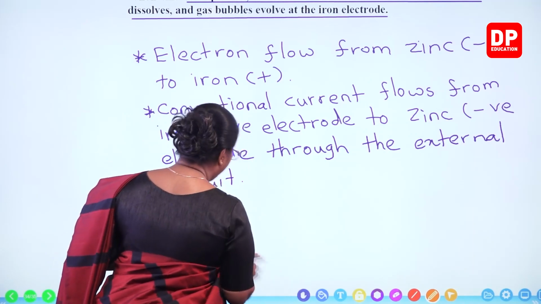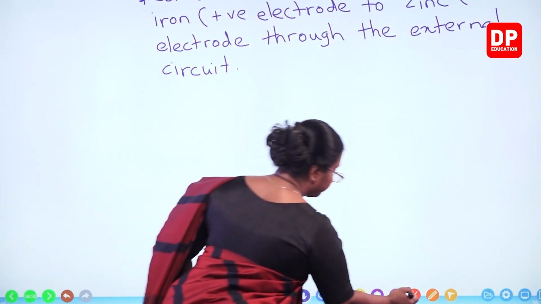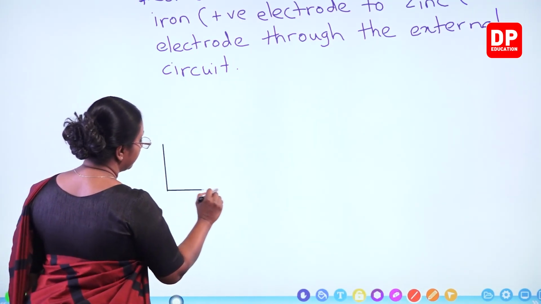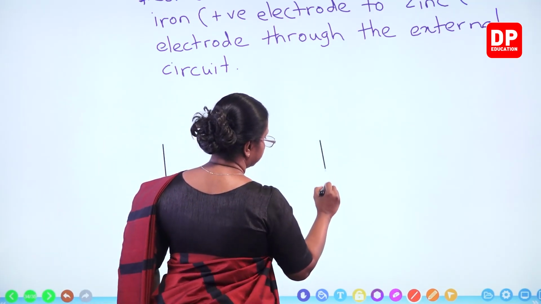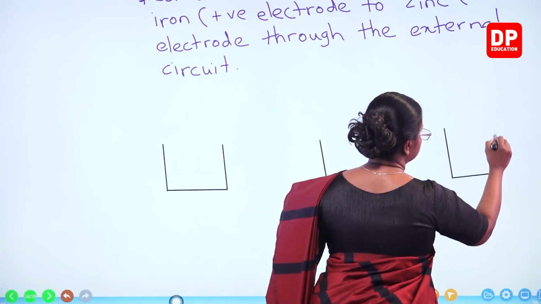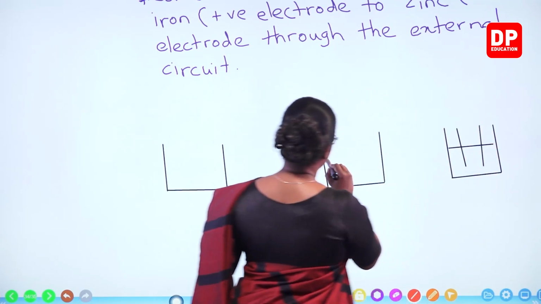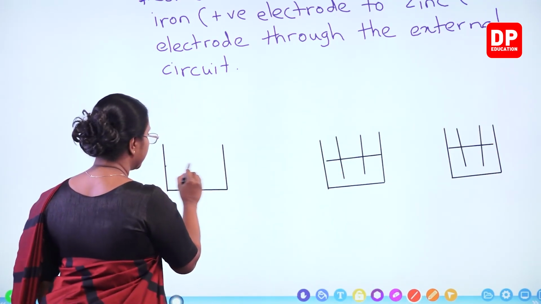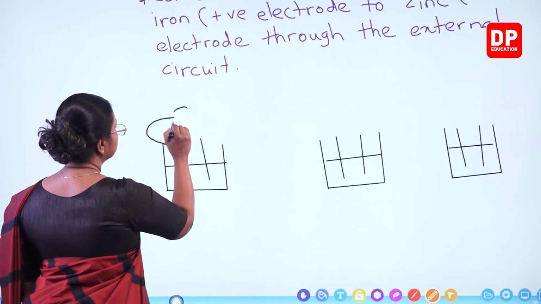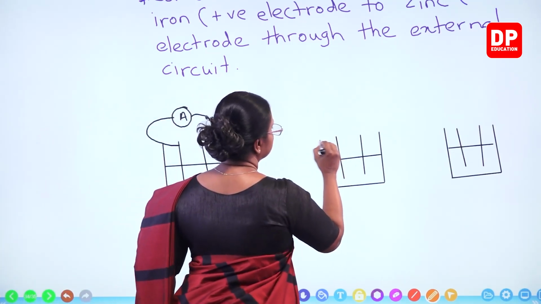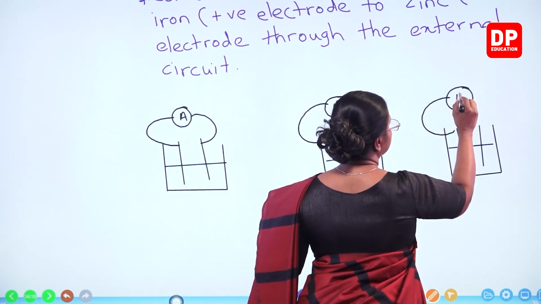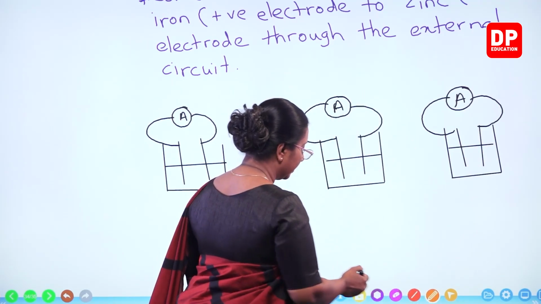So just to recall all that and to understand this, here students, if we take all 3 cells, I'll draw the cells and explain all 3 at the same time. So these are the 3 cells that we constructed.